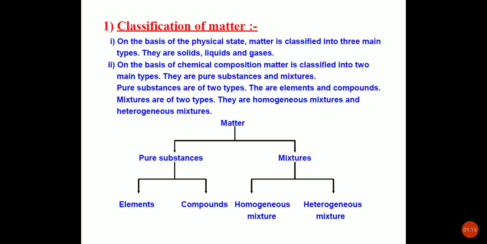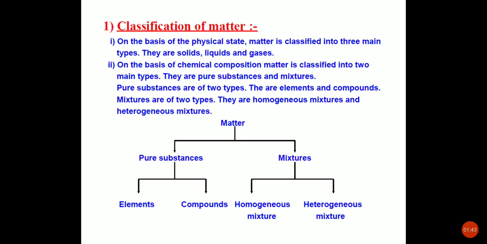Secondly, on the basis of chemical composition, matter is mainly classified into two main categories: pure substances and mixtures. Pure substances are further classified into elements and compounds. Mixtures are classified into homogeneous mixtures and heterogeneous mixtures.